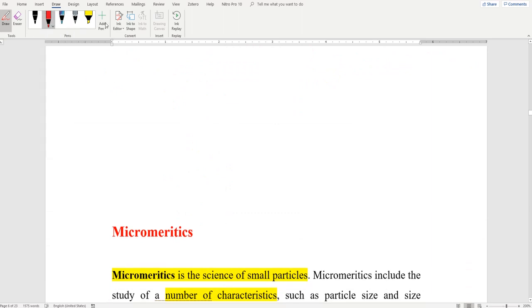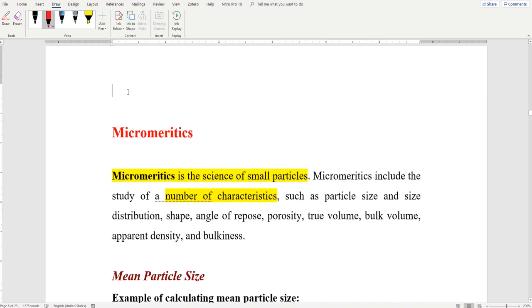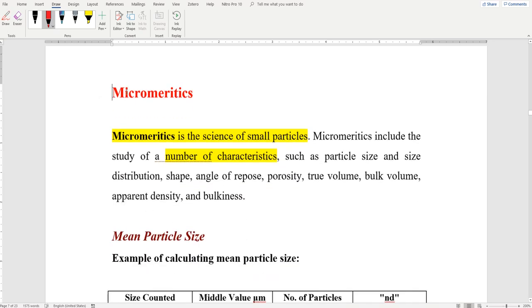Okay, now we will talk about micromeritics. Now remember, in my explanation of the learning outcome, I told you micromeritics is defined as the science of small particles. So anything you study regarding small particles, such as particle size and size distribution. What do you mean by size distribution?